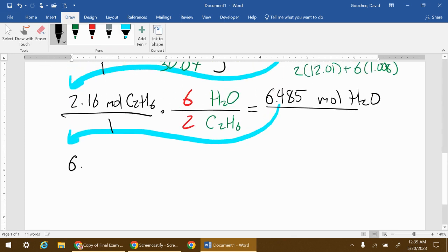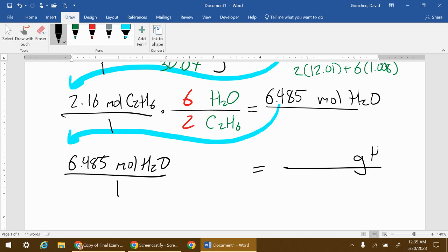All right, last step here. We're going to take our 6.485 moles of H2O, and what the question asked for was how many grams of H2O that is. So out of moles into grams. 1 mole of H2O is how many grams? Well, I'm going to skip to the final conclusion here.